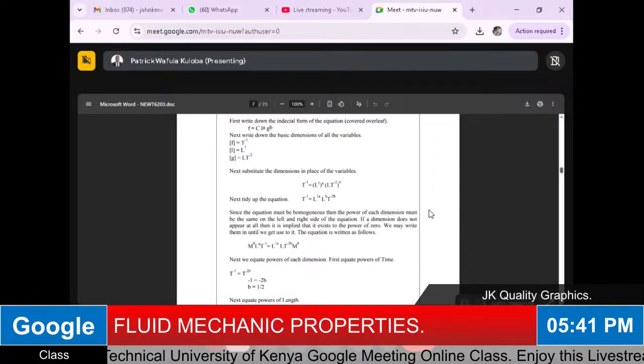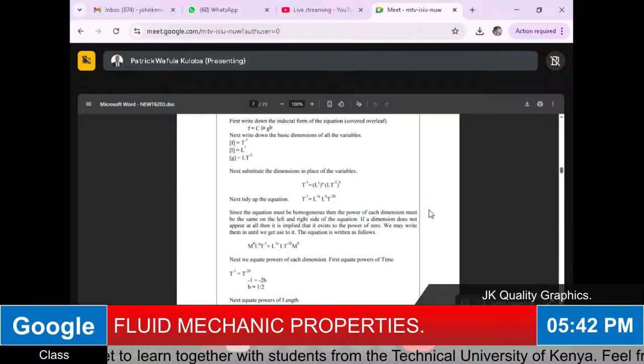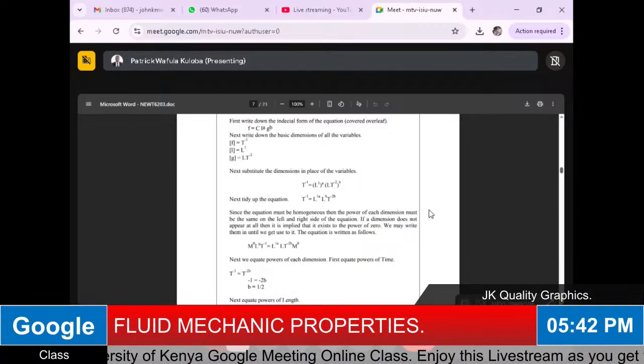On the left hand side, we only have T. So T raised to minus 1 is equal to T raised to minus 2B.